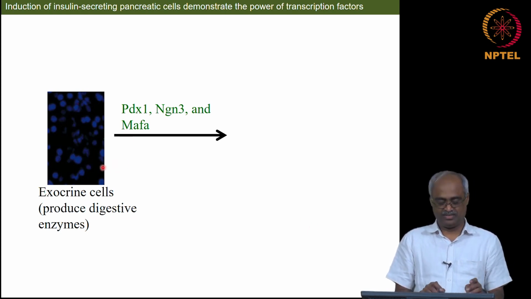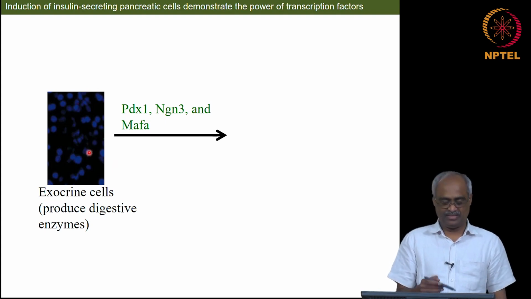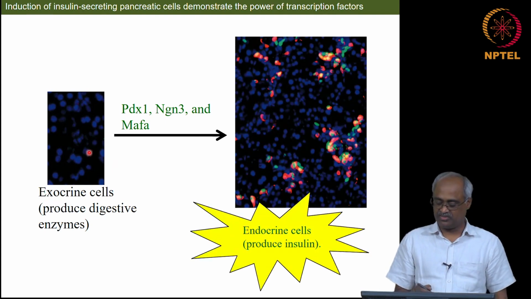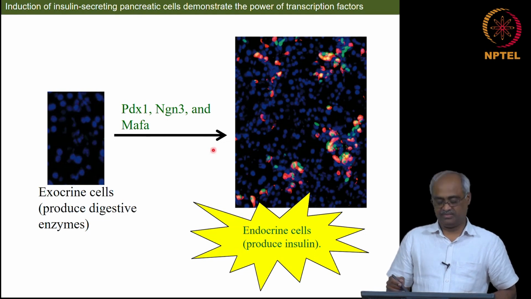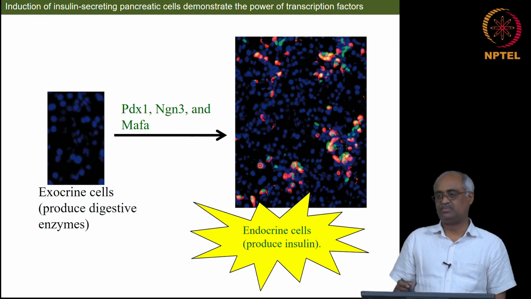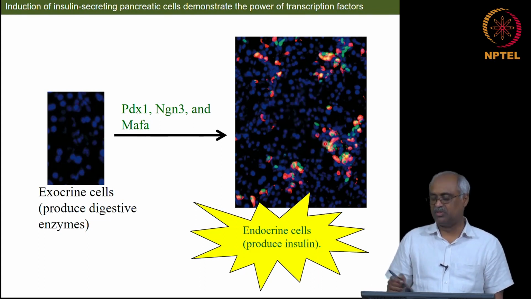So, this is in the organism where, early on, when you express these 3 transcription factors, you have insulin producing cells there. The insulin is stained here with the red color, and one of these transcription factors is fused to GFP. Therefore, you see green, and wherever both are there you get yellow. You can see here, and here, and so on.